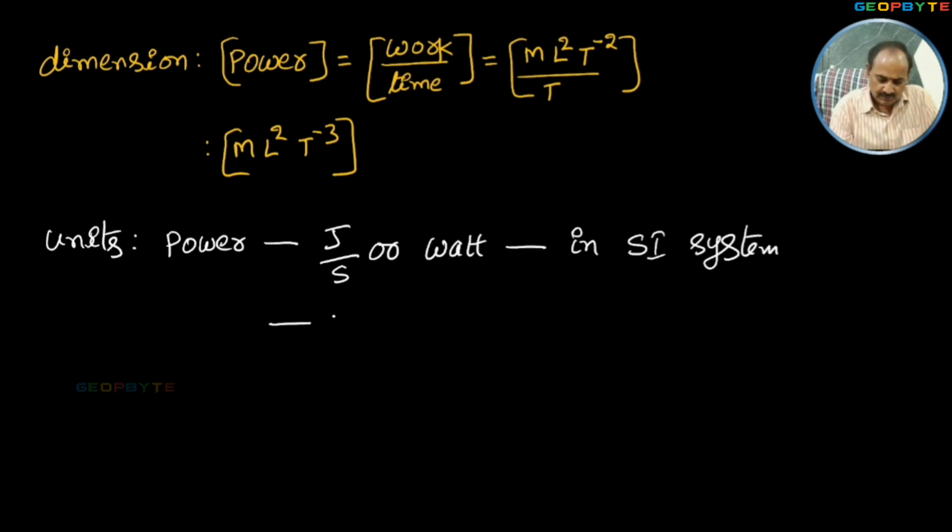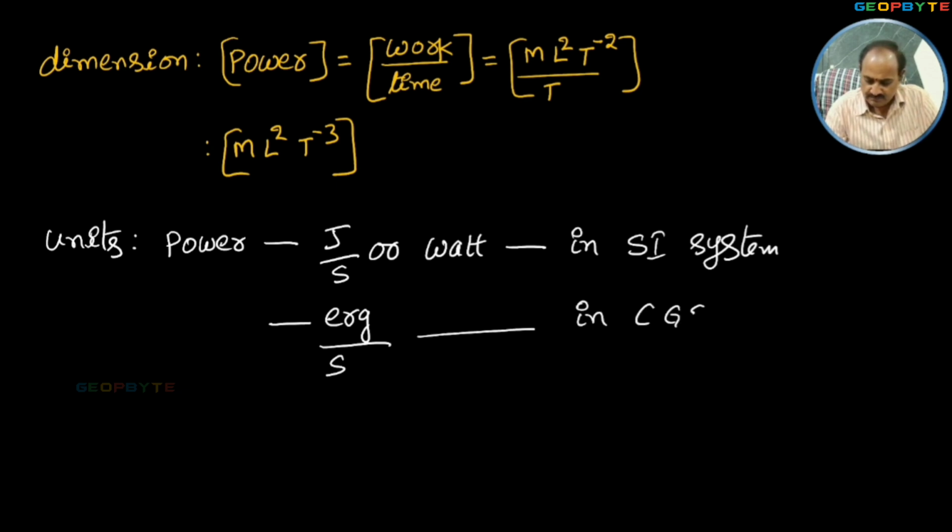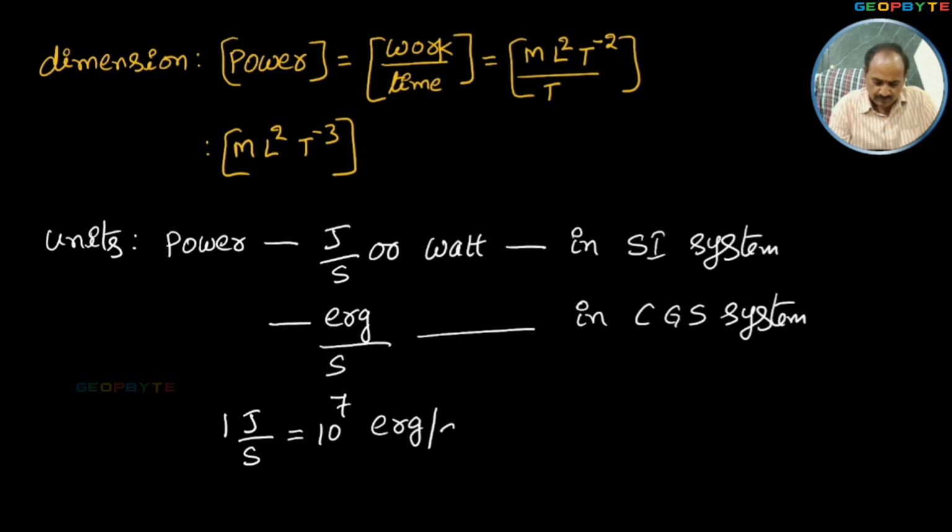And it is in erg per second in the CGS system. As you know, 1 joule per second equals 10 power 7 erg per second.